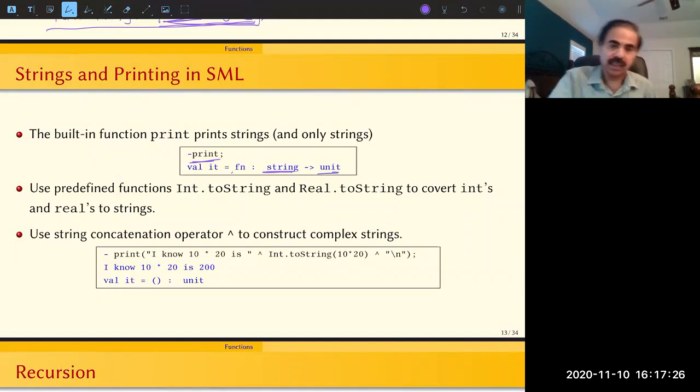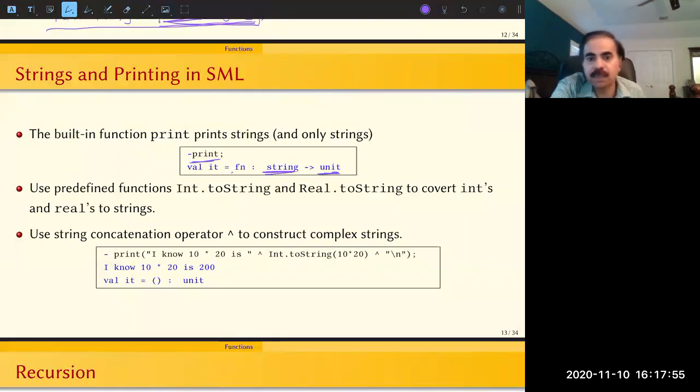So unit is a special type, which stands for essentially nothing, right? So you can think of it as the empty set, because there is no output that's produced. So a print function is going to take a string as an argument, and it's not going to return anything, right? That's what it says, unit, right?